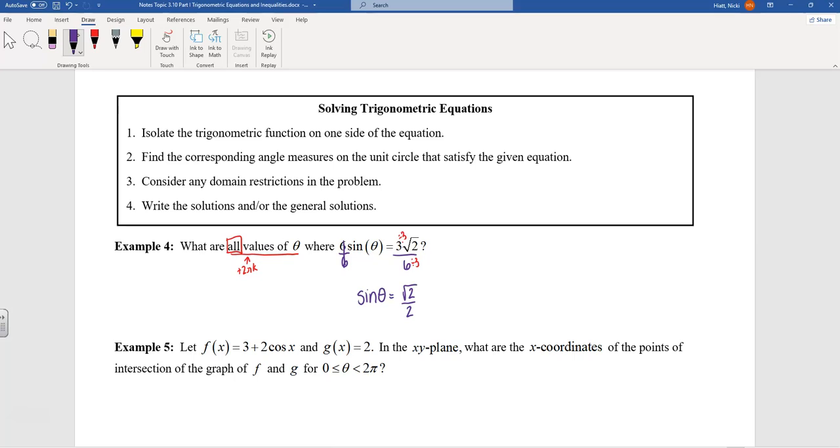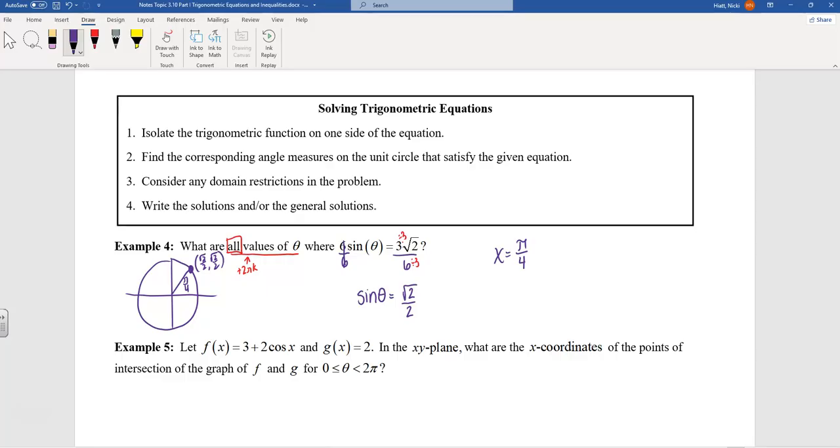So if we think about the unit circle, we are thinking about where sine of theta equals root 2 over 2. One spot is right here. It's your y coordinate at pi over 4. So one of our answers is going to be pi over 4. I'm going to come back and do the general solution stuff there in a second.